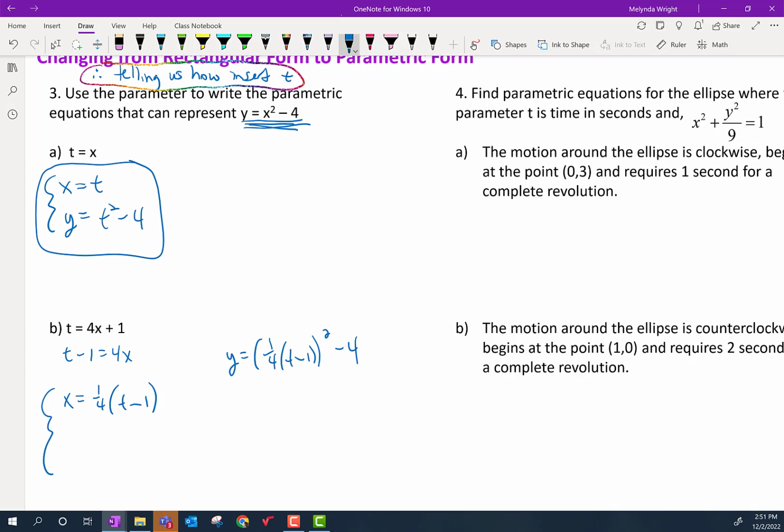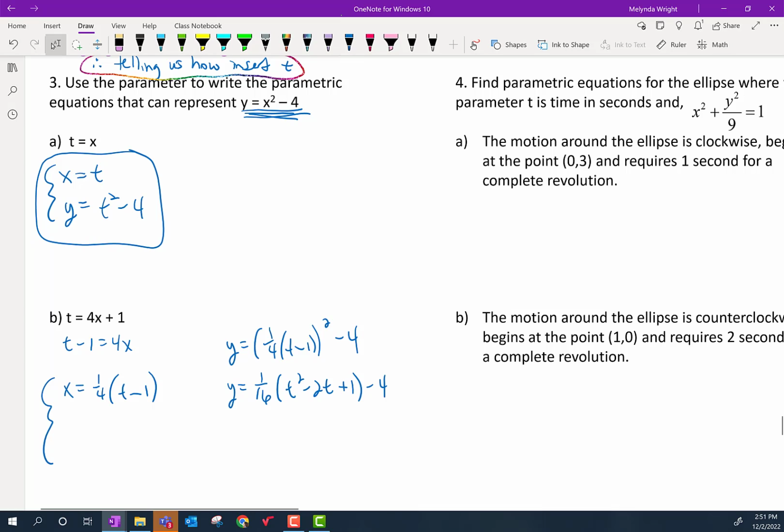You don't have to. You can go ahead and distribute the 1/4 and then square. I just wanted to minimize the amount of time I had to deal with the fraction. So 1/4 squared is 1/16. And then t minus 1 times t minus 1 is t squared minus 2t plus 1. So I FOILed that out. Okay.